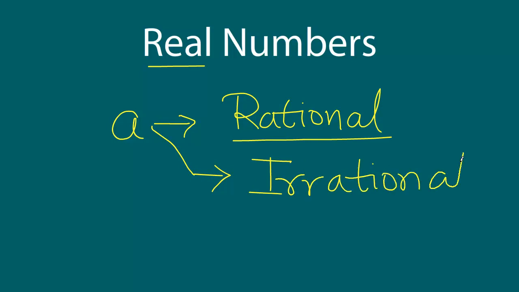Because if A is a real number, it means it can be either a rational number or an irrational number. A real number is simply a collection of all of the rational numbers and all of the irrational numbers.